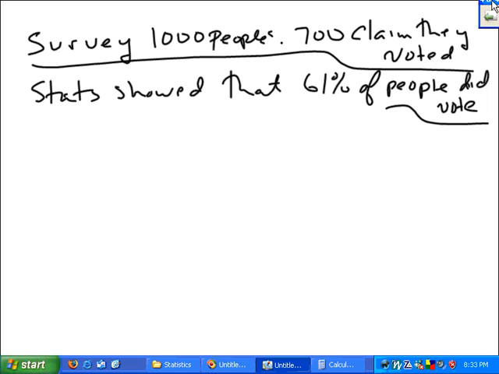And if 62% of the people said they voted, well then some of them lied. If 48% said they voted, well then some of them lied. But when you have 1,000 people, which is not everyone, it's reasonable that 700 could have actually voted. In fact, 61% of 1,000 is 610. So it's not unreasonable that you picked a group of 1,000 people where a little bit more did vote.